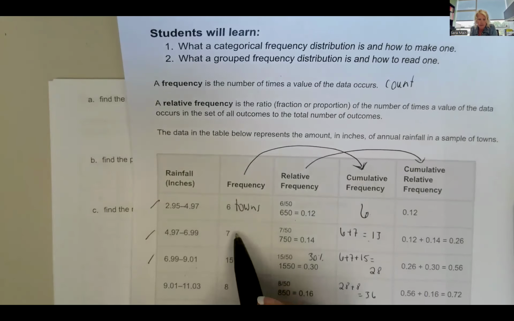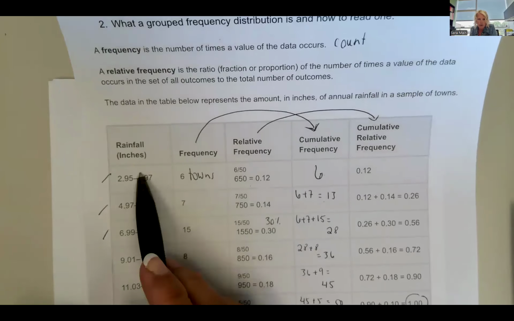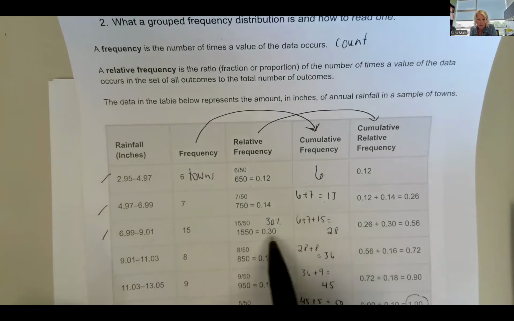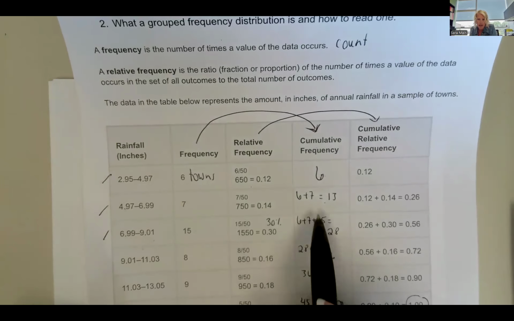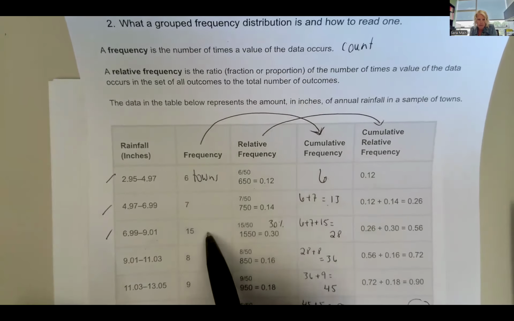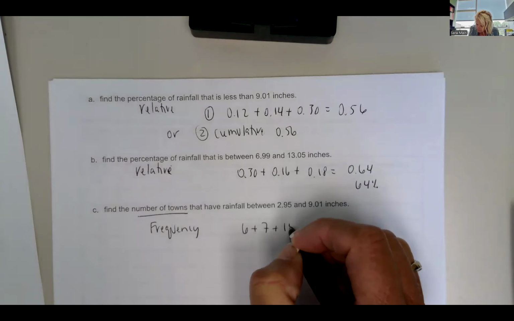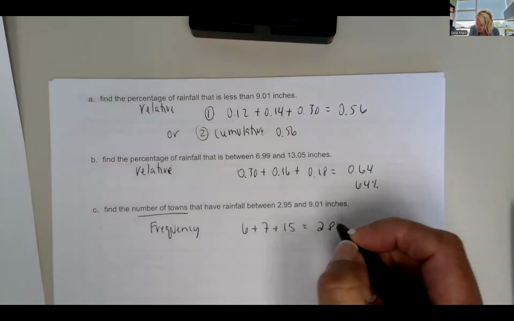So I'm adding 6 plus 7 plus 15. And because it's everything below that, I could just go to my cumulative frequency, because that is adding everything below 9.01. So 6 plus 7 plus 15 is 28 towns.